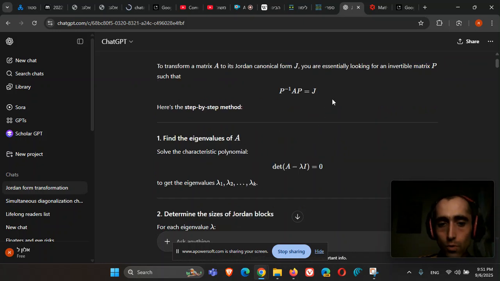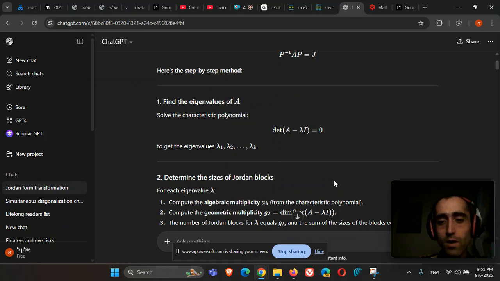What should we do? As usual, like in diagonalization, we find the eigenvalues of A by taking A minus lambda I, getting the determinant, and setting it equal to 0. You will find the characteristic polynomial, and the roots of the characteristic polynomial give you the eigenvalues.